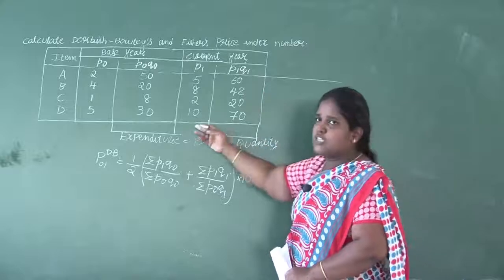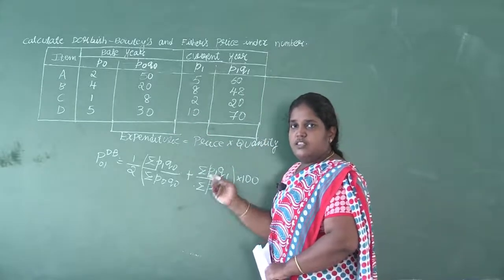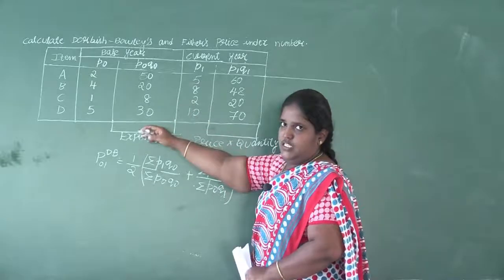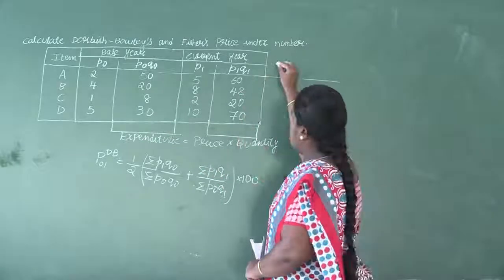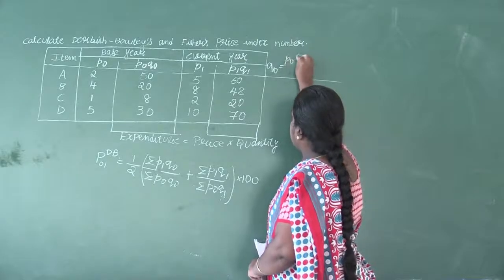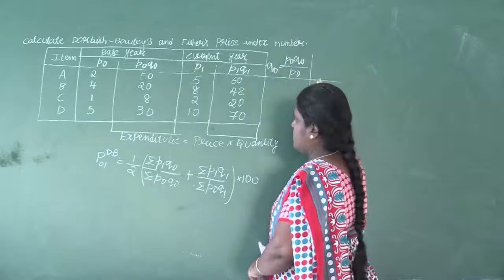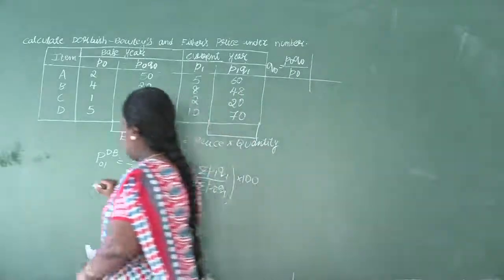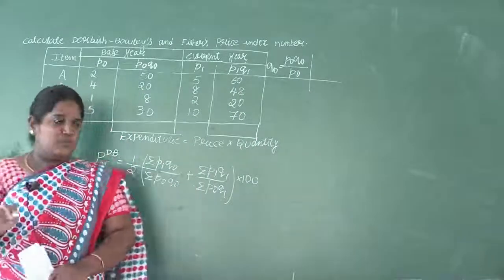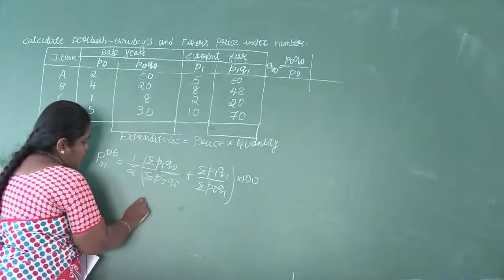Here since expenditure is given, the first step is to divide the expenditure by the price to find the quantity. So Q0 will be P0 Q0 divided by P0.